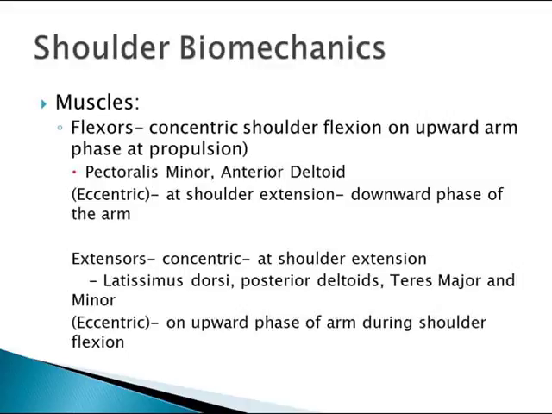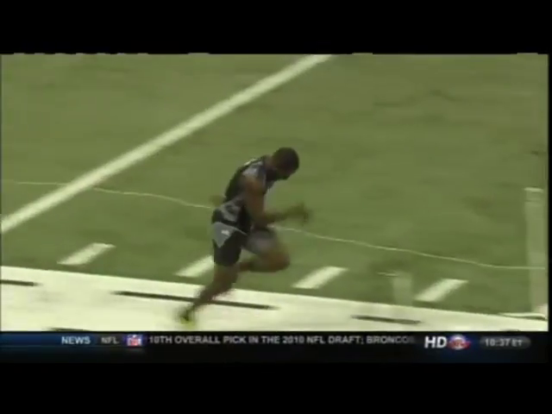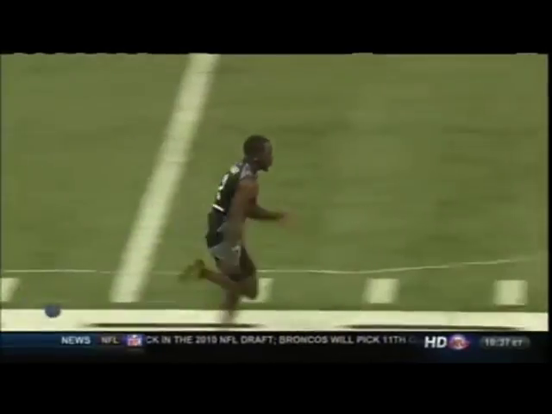Now in the extensors, concentrically at shoulder extension, the latissimus dorsi, posterior delts, teres major and teres minor may be responsible for that. And eccentrically, there's an upward phase of the arm during shoulder flexion. In this video, you can see how this athlete uses his arms and anterior delts and lats to propel himself through the upper body.